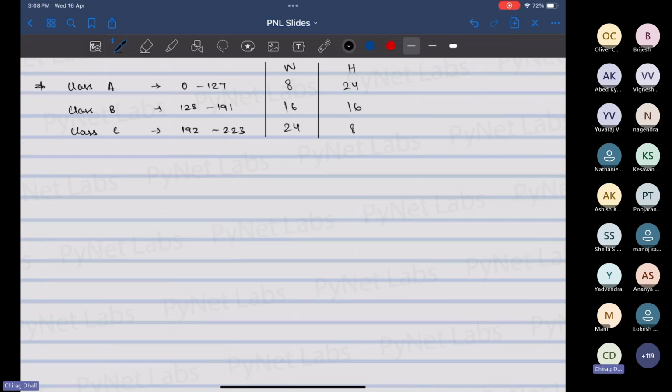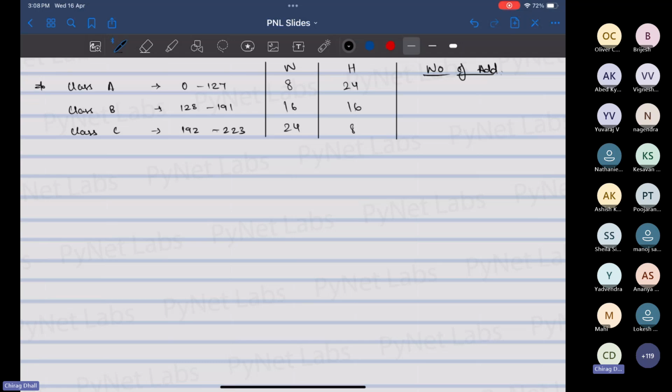We also discussed the formula for how we can figure out how many addresses a particular network belonging to each of these classes offers. This can be calculated by 2 raised to the power of host bits.